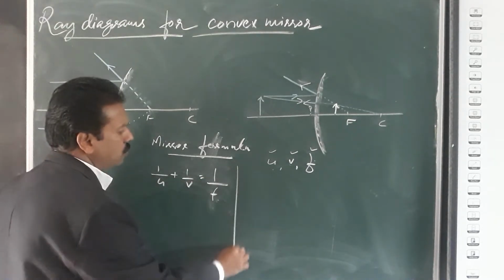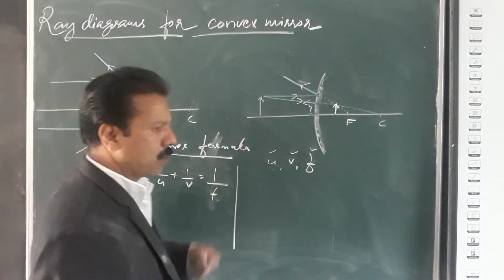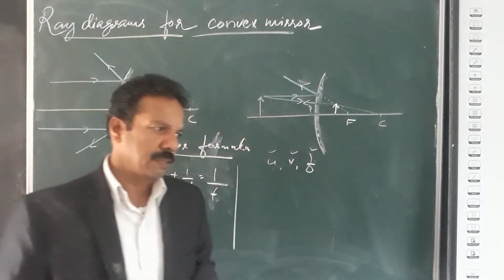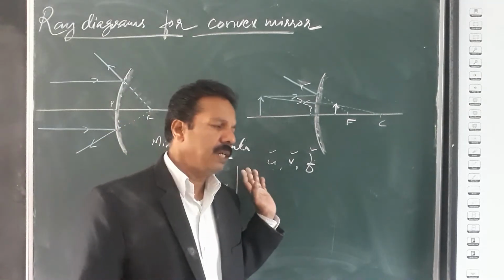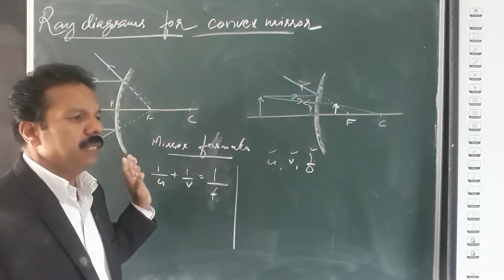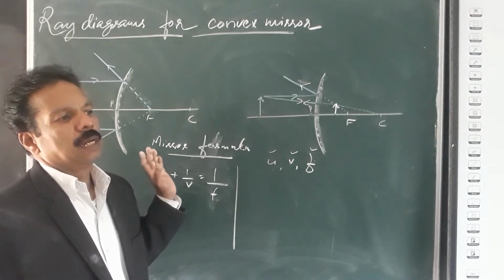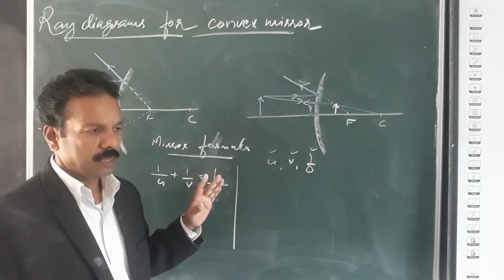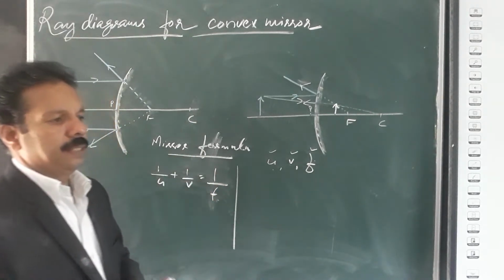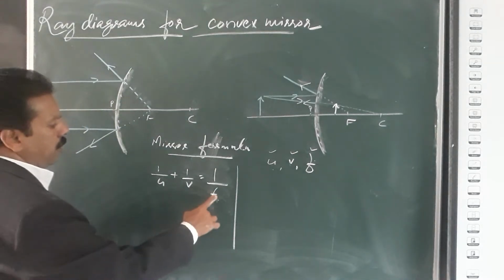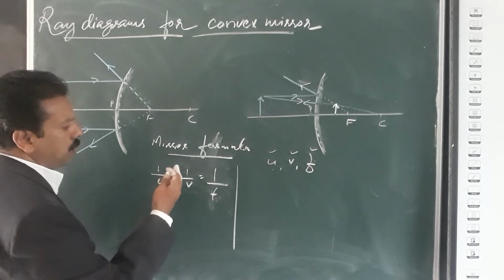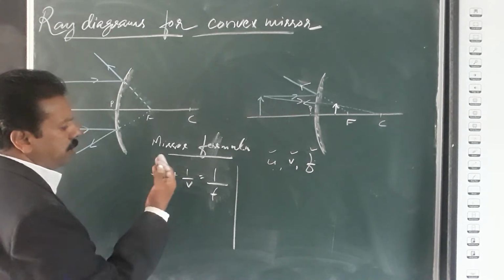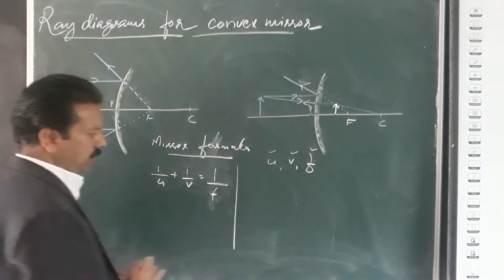Also, in a concave mirror or convex mirror, if the object is placed on the left side, the image may be on the left or right, and the image may be the same size, diminished size or enlarged size.